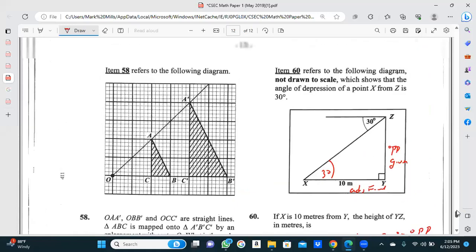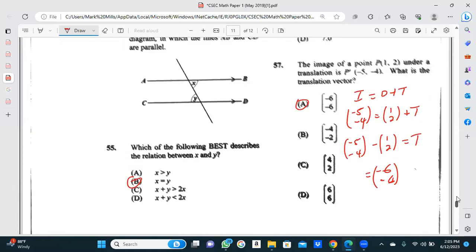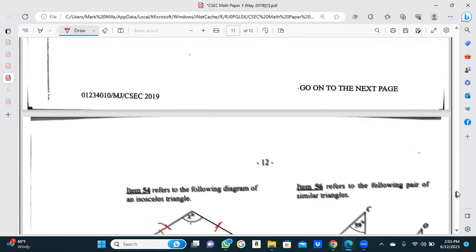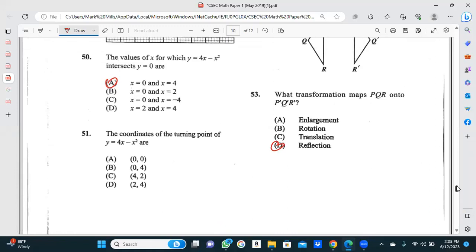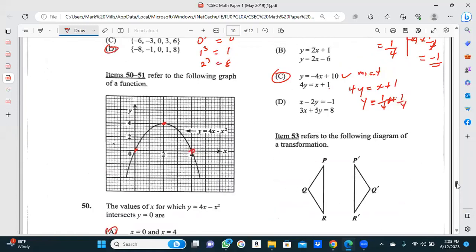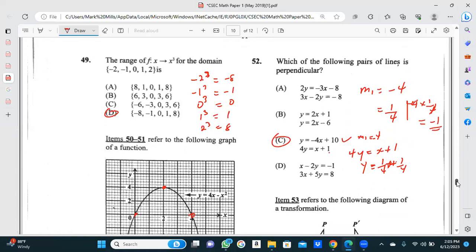Oh, 52. Okay, 52. 51 is for turning points, 2 and 4. Somebody's asking 52. We say 52, the answer is C.